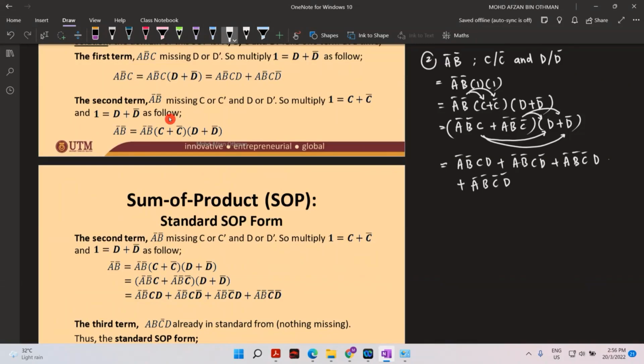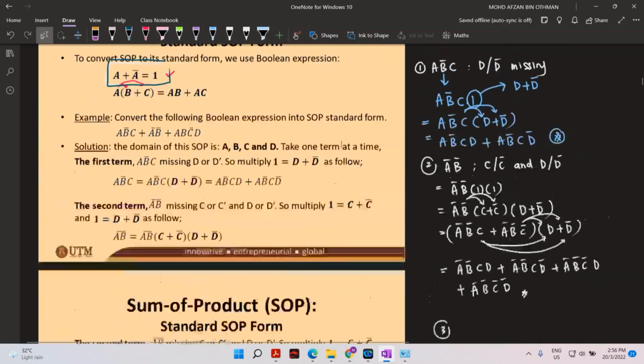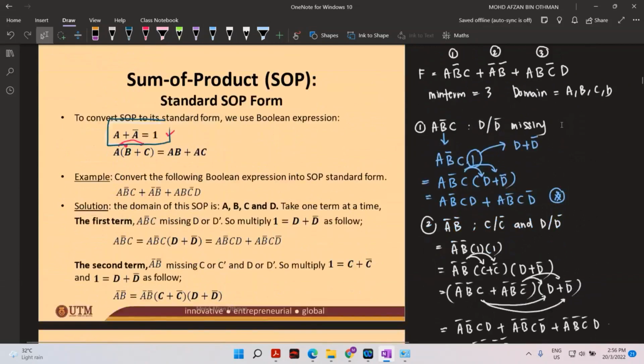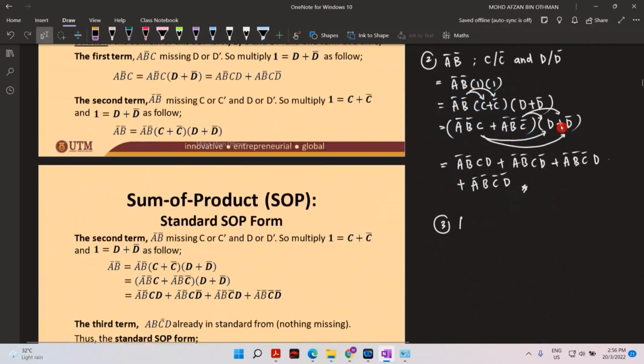Okay, so dah cukup, semuanya dah ada 4 domain. So we stop here. Then persamaan nombor 3, A B C̄ D. Ada yang missing tak? Tak ada, semua complete. So kita tinggalkan dia macam tu.